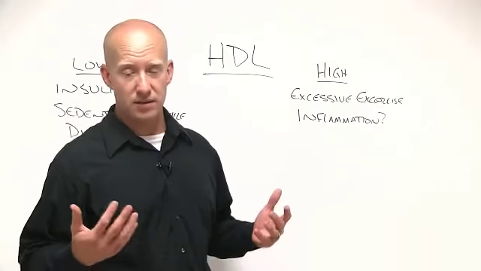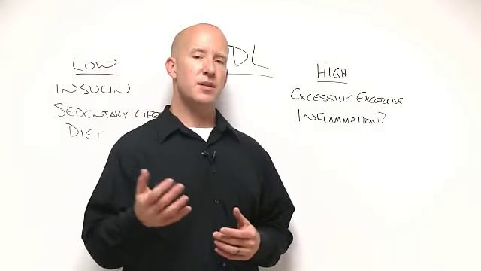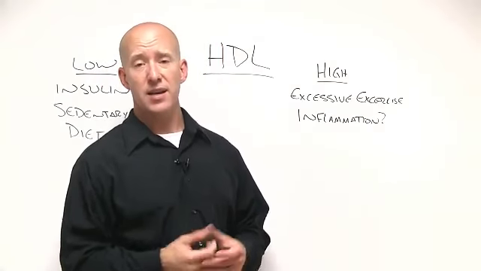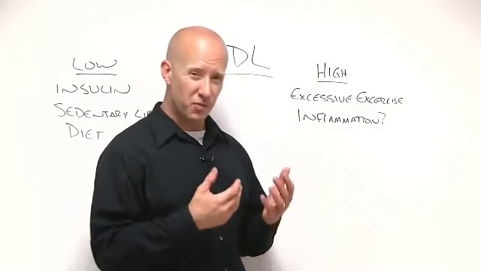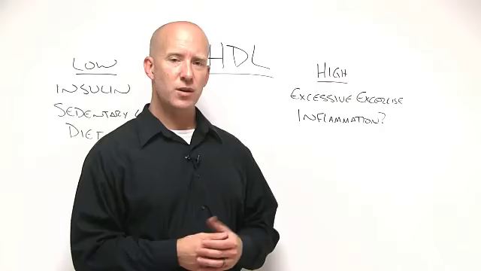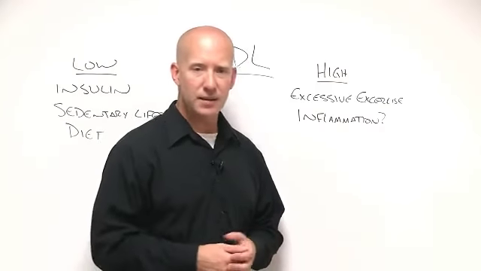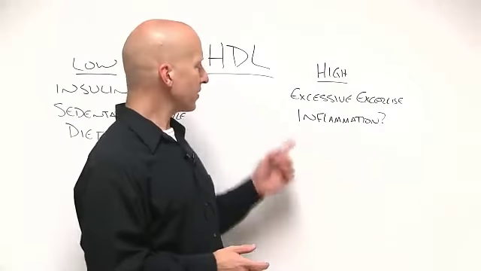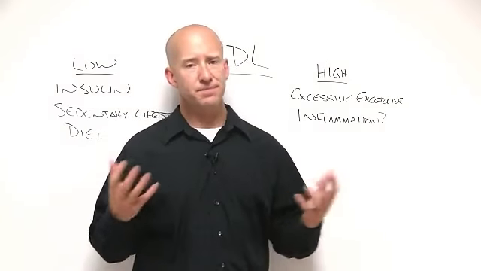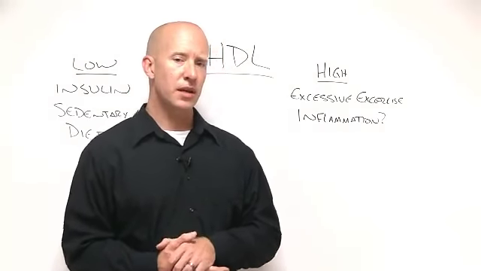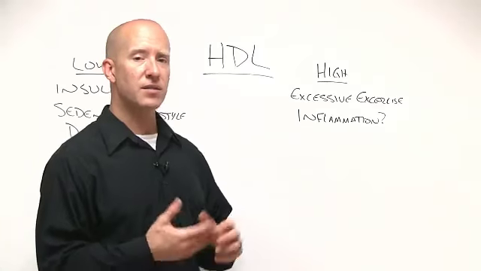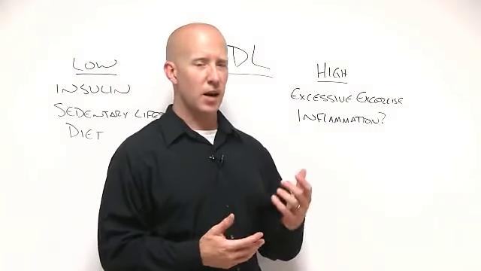Now, most of us don't excessively exercise. But in the population that may be seeking the services of wellness clinics, it is very possible that you have some very serious exercisers, people that do very intense exercise many times throughout the week. So if you see high HDL, just consider that that may be something that they're doing, or just quickly ask, what's your exercise program, how intense, how often?